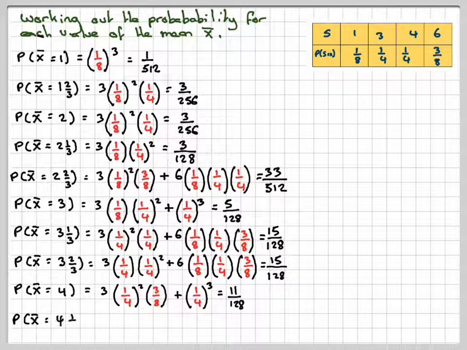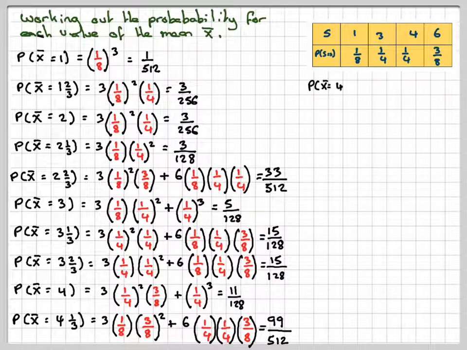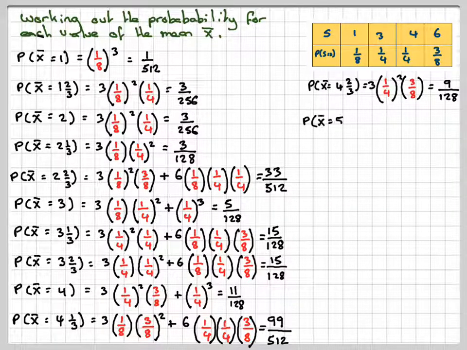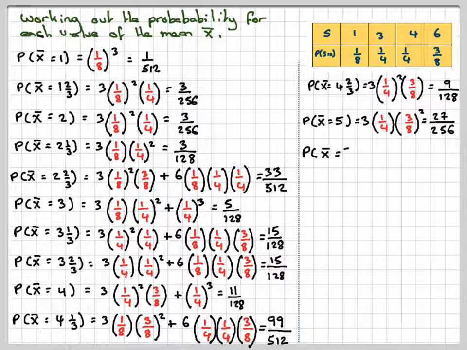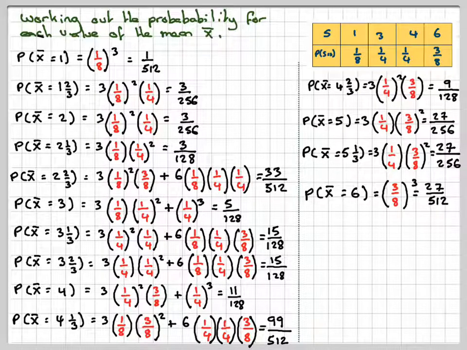It's a good test of your probability. It'll stop when we get to 6, because the highest you can get is 666, which is 18.